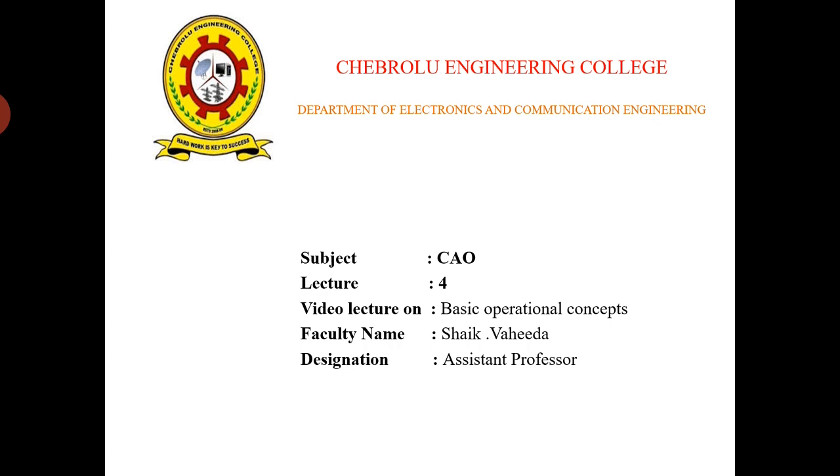All these units, the input and output devices, memory unit, and ALU, are controlled by a controller. The ALU and controller are present within the CPU. These are the functional units, and in today's lecture we are going to learn the basic operational concepts.